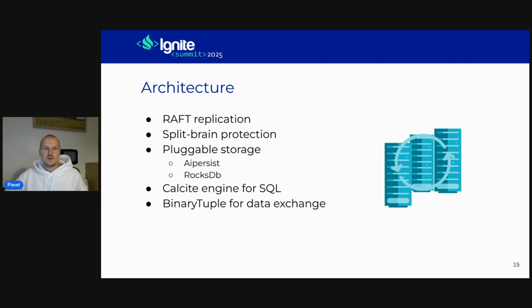Out of the box, we provide the Ignite persist engine, which uses B+ trees, and the RocksDB engine, which uses LSM trees. LSM is log structured merge tree. In general, LSM trees perform better on write-heavy workloads, but you should always benchmark your specific use case to make the right choice. Each table can use a different engine.